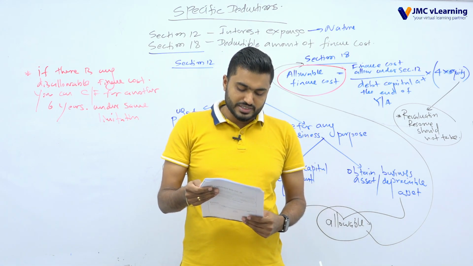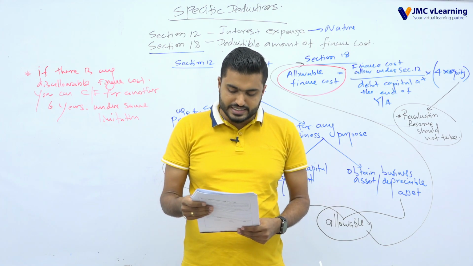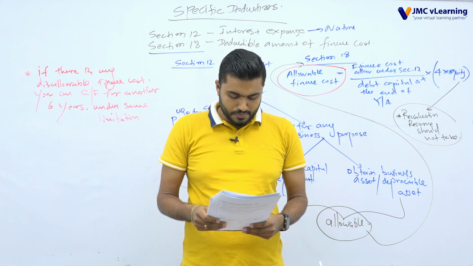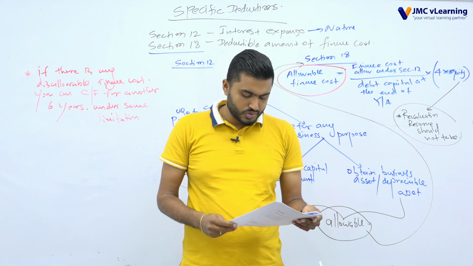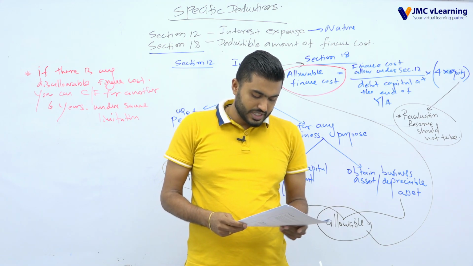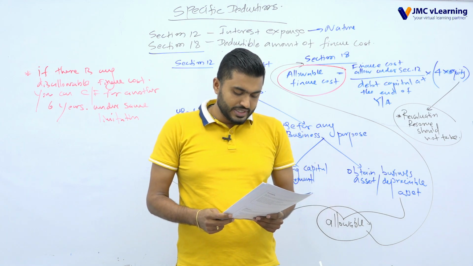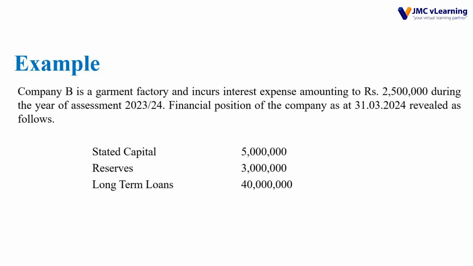So we have given some examples. You can read the examples, and once you have done that you can see the tutorials, so you can go through that very easily and understand. In this case, company B, a garment factory, incurs interest expense amounting to 2.5 million during the year of assessment 2023/24.